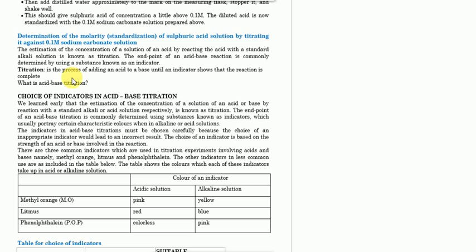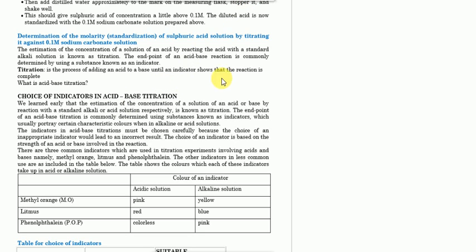So one among the very important points to consider when you are discussing these things is the choice of indicator, because when we are titrating solutions of different concentration, we are choosing different kinds of indicator.